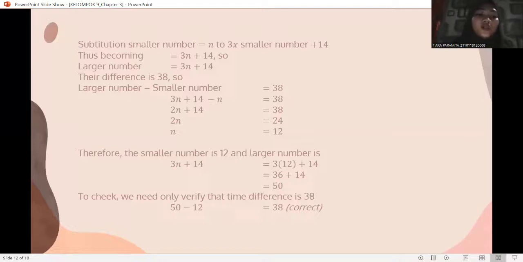To check, we verify that the difference is 38. So 50 minus 12 is 38. So it is correct.